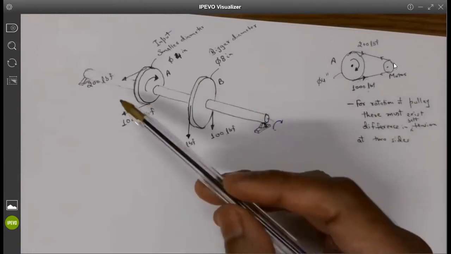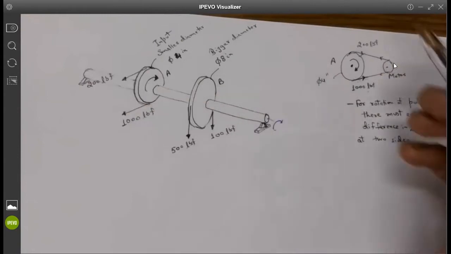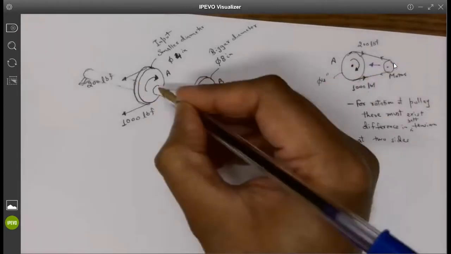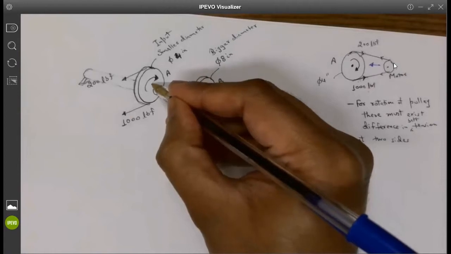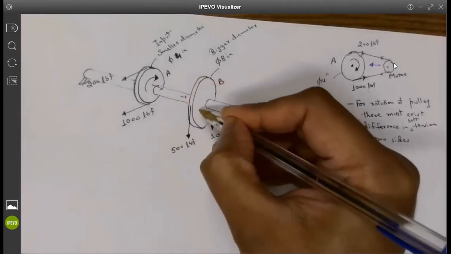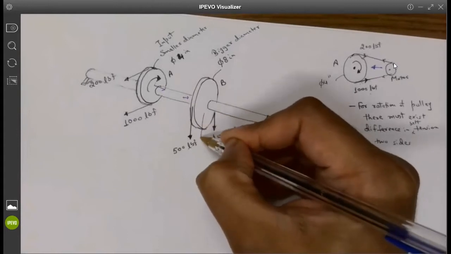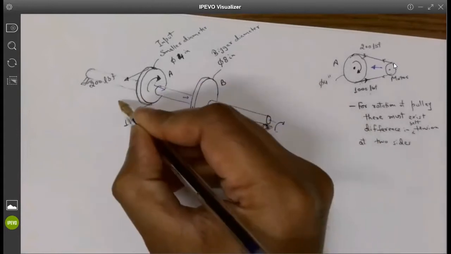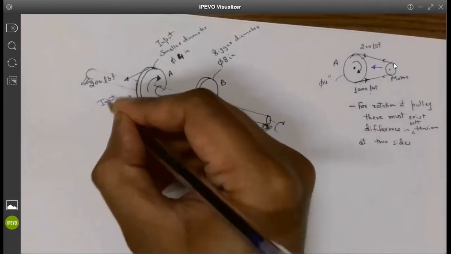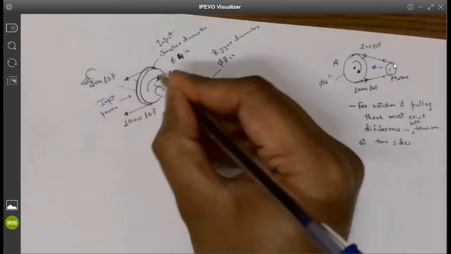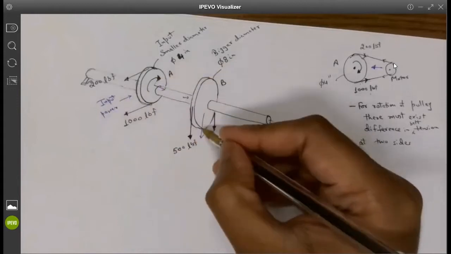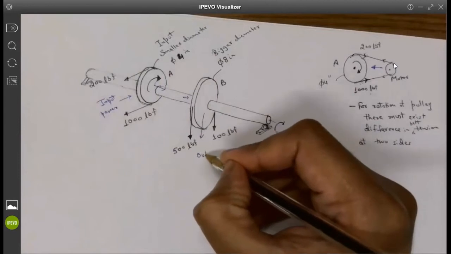The power goes from the motor to pulley A, and from pulley A it goes through this shaft and through this pulley outwards towards the load. So the power transmission goes like this. This is your input power coming from the motor. It goes through the pulley, through the shaft, and then through this pulley onwards to output.